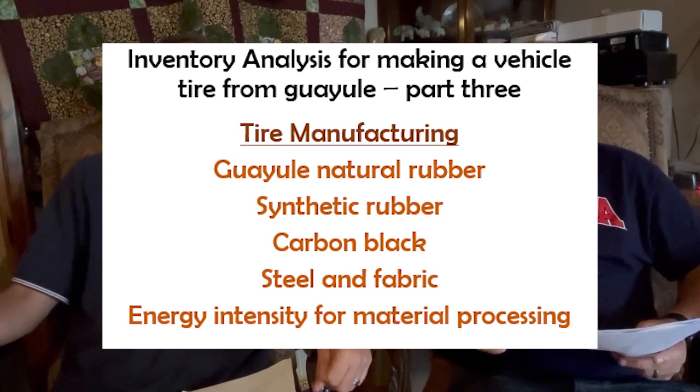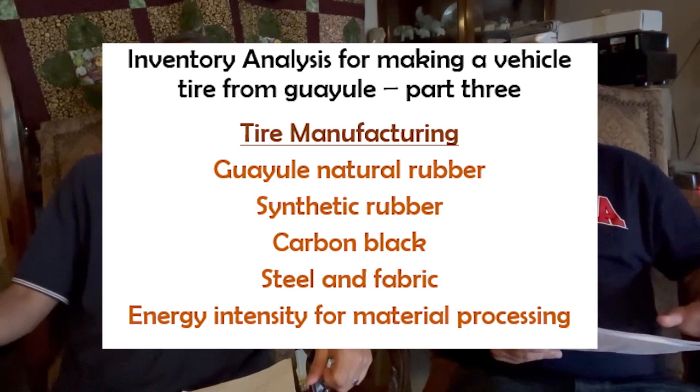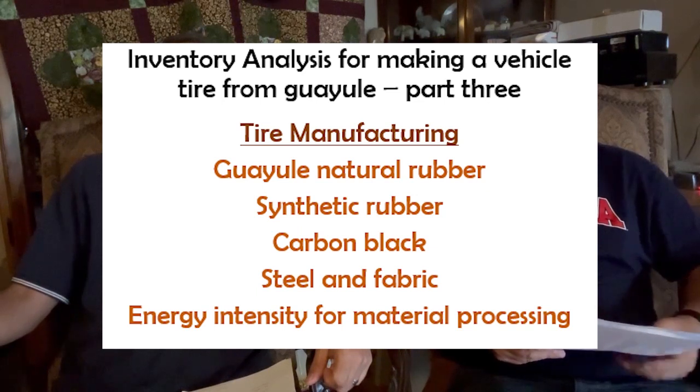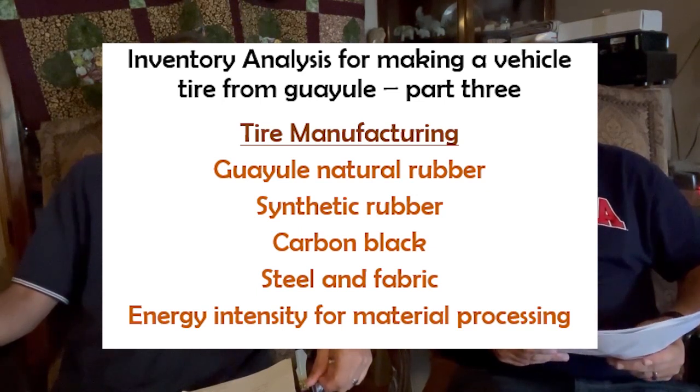You have carbon black, steel, fabric, and other chemicals, and you also consider the energy intensity of all the processing for those materials. So that's in a nutshell what goes into the life cycle inventory analysis.